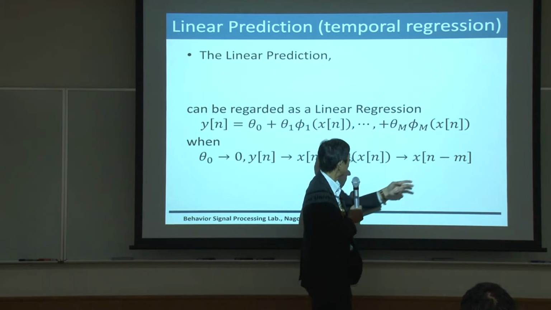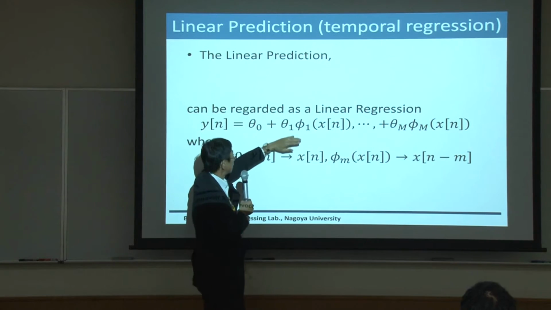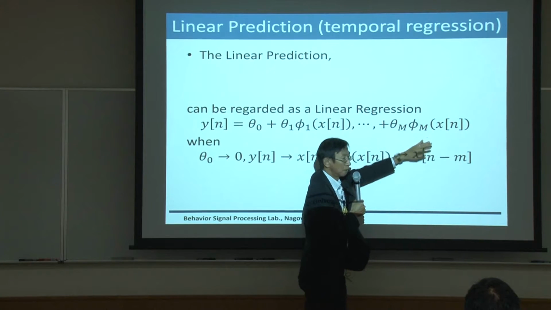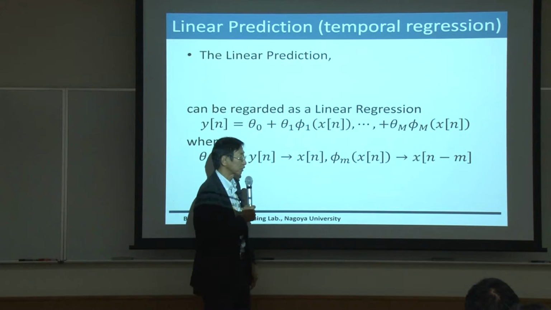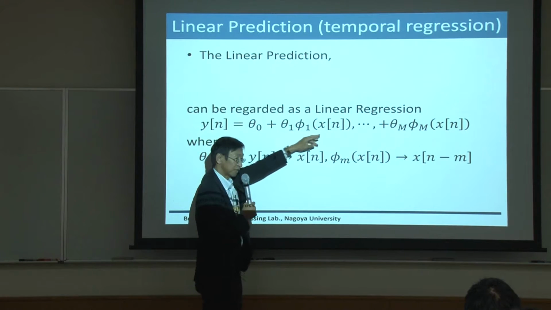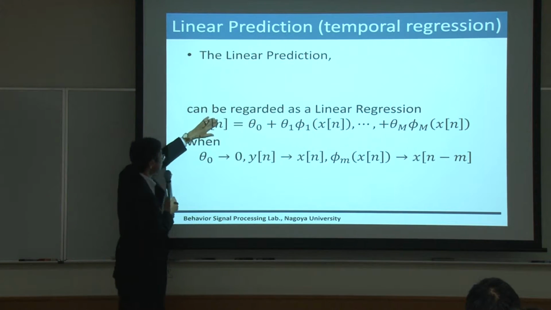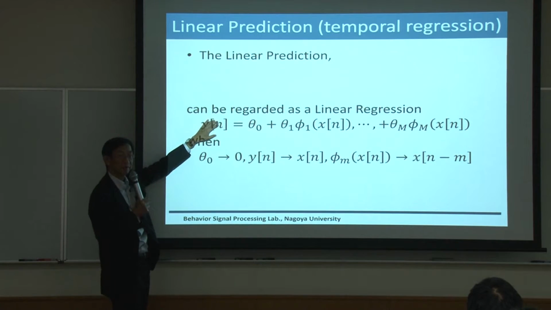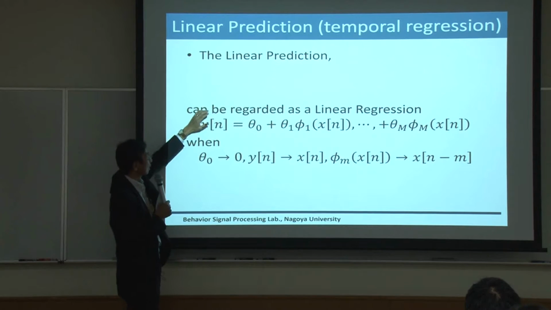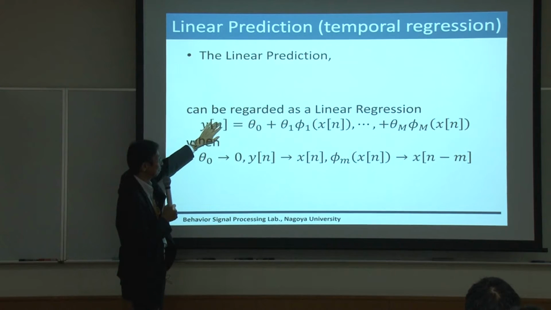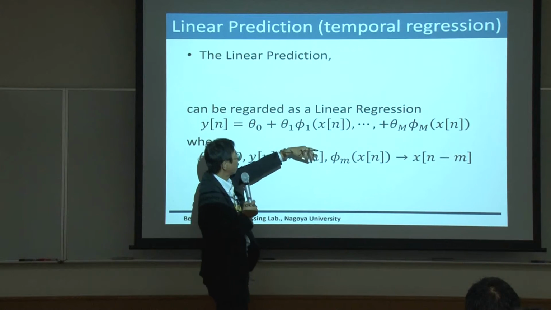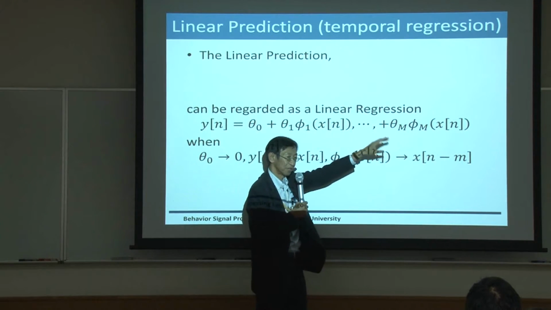Then these terms are associated with the past values of xn, and this becomes the current value of xn. So the current value of xn is given as a linear combination of past values of xn.